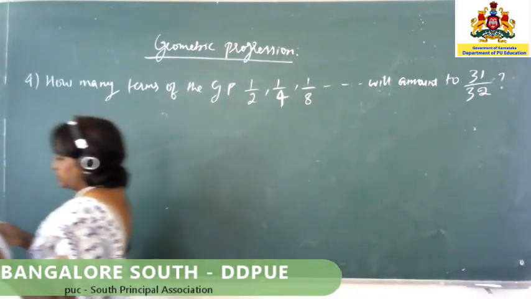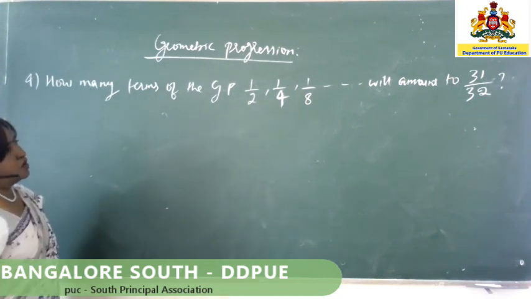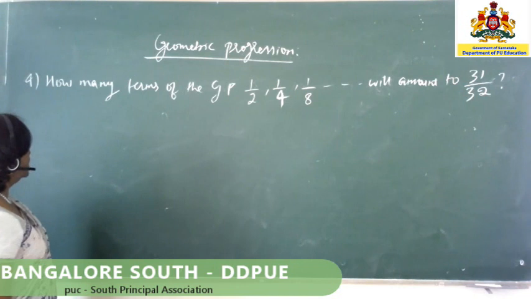How many terms of the GP 1 by 2, 1 by 4, 1 by 8, so on up to, will amount to 31 divided by 32.